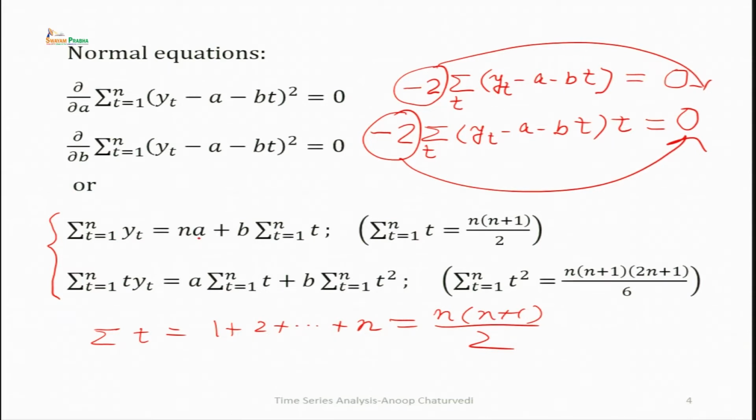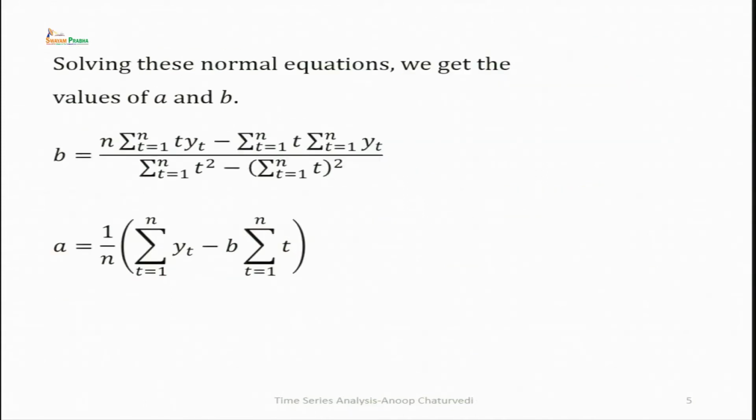So, a is equal to summation y t divided by n minus 1 by n b summation over t. So, ultimately you get this value of a, and then b is equal to this.